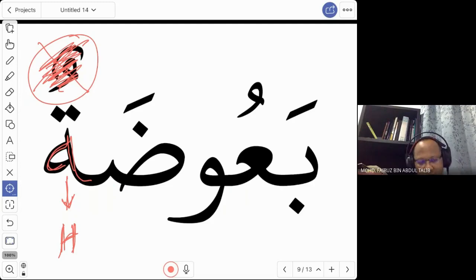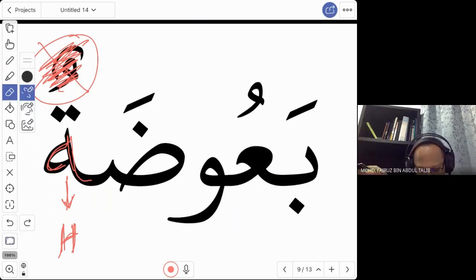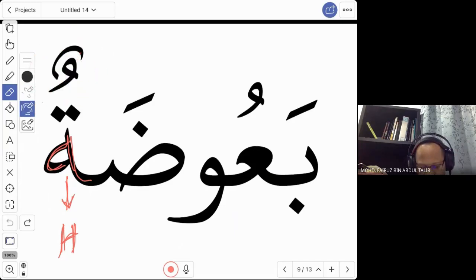Ba'udat is wrong because this is the ta marbutah. If it is the normal ta, yes, you say ba'udat, but it is not this ta. So you say ba'udatun with the tanwin, or without the tanwin, we say ba'udah. All right, so you have two options.